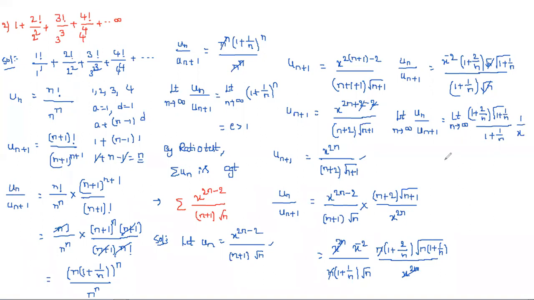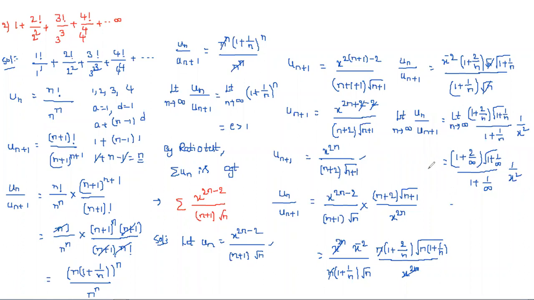So now simply what we can write, if you substitute the limit in that, what we get is (1 plus 2 by infinity) into the square root of (1 plus 1 by infinity) by (1 plus 1 by infinity) into 1 by x square.